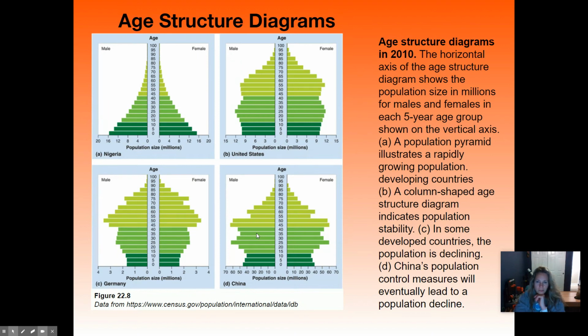All right, and then we're going to look at these. These are age structure diagrams. And so if we look at these 3 or 4 places, so Nigeria, and we analyze them. So one is looking at male, one's looking at female. And so looking at Nigeria, there must be a reason why they don't have a very large population of older people. So this is probably due to poor healthcare.